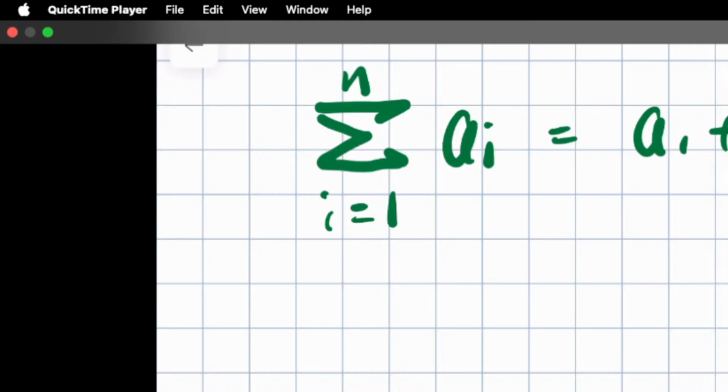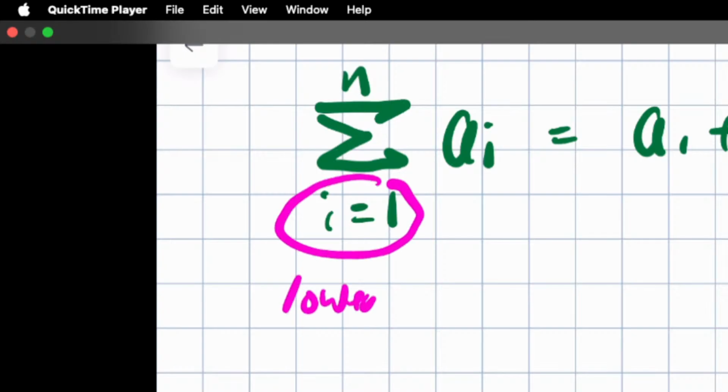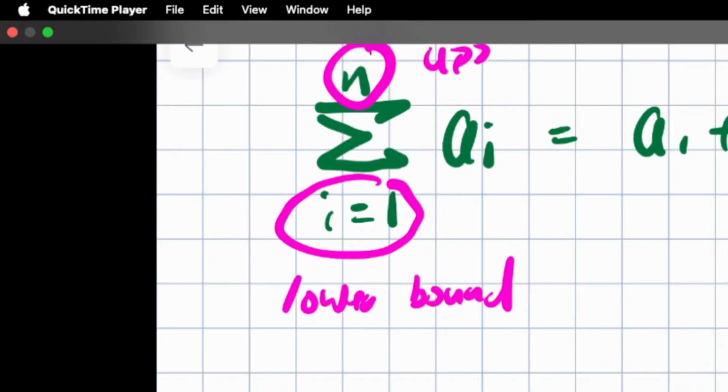So we're gonna talk about what this means. This means the lower bound, kind of like the integral, there's a lower bound, and this is the upper bound. This is where you stop.